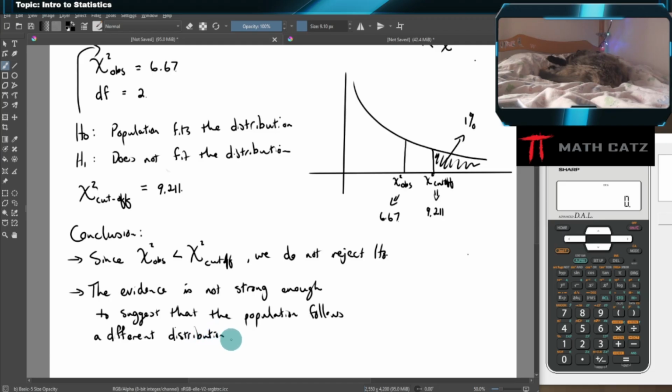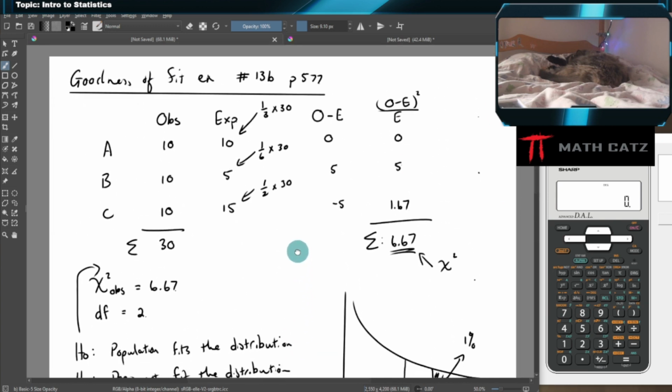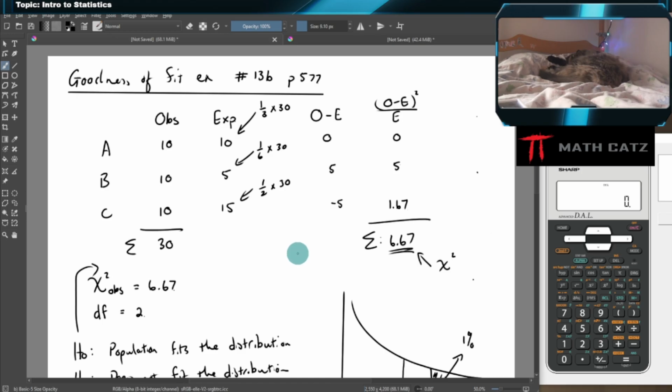Or you can say it in many other words. The evidence is not strong enough to suggest that the distribution doesn't fit, or something like that. All right, so that concludes our first example, the chi-squared goodness of fit example.